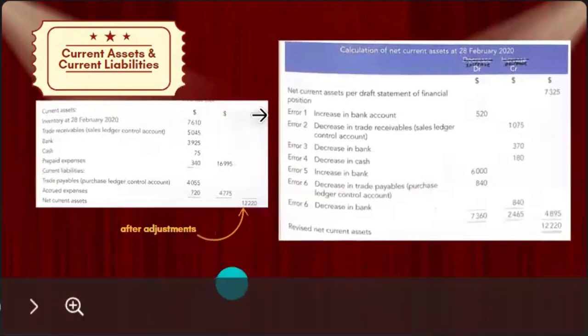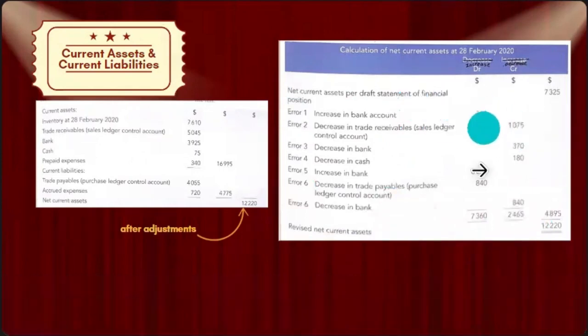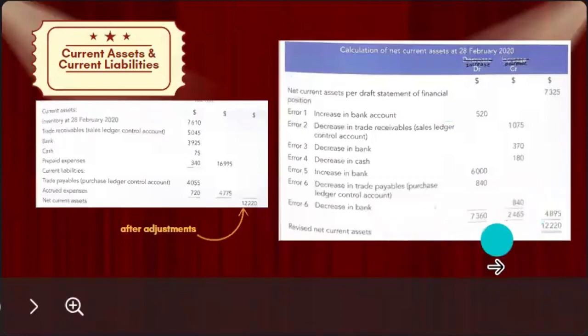After listing the new adjusted current assets and liabilities, we can make the calculation of net current assets per draft statement of financial position, and if the revised net current assets, which is 12,220, is the same as the one in this list, then this should be correct.